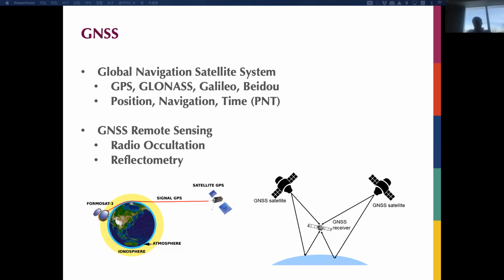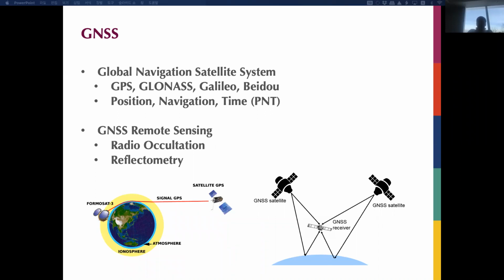Basically, these satellites have the purpose of calculating the position, velocity and time of the receiver. Our cell phones already have this kind of device inside, but the GNSS signal is an electromagnetic signal, so we can use these signals to measure other parameters on the Earth.